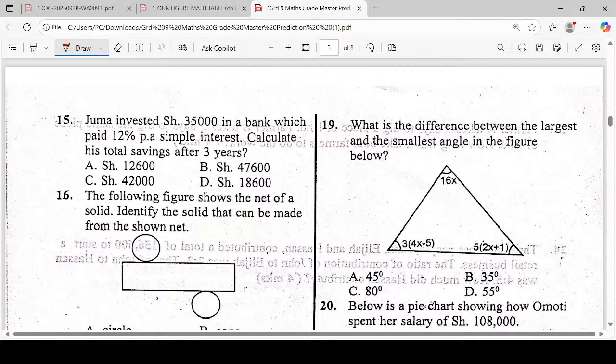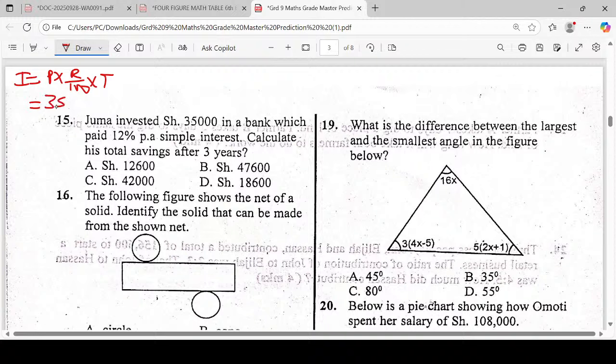Therefore, you need to know that simple interest is given by principal times rate over 100 times time. So our principal is the money deposited or the money invested or withdrawn. So our principal here is going to be 35,000.